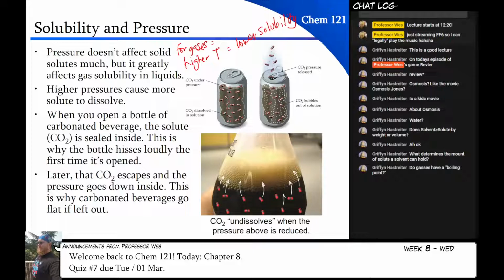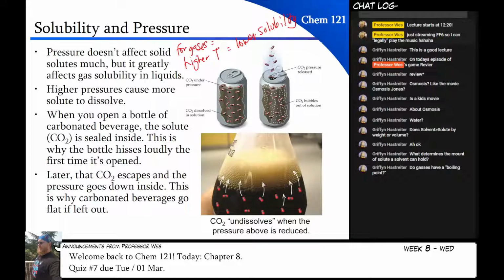Now, if the water is to heat up, then the oxygen is undissolved. It bubbles out, and our fish would get sluggish and would eventually die because they would asphyxiate. They don't have any oxygen. So climate change is a particular concern with regards to solubility because as temperature increases, gas solubility decreases. And at some point, if you heat up a solution too much, the amount of dissolved gases, in this case oxygen, is too low to support life.